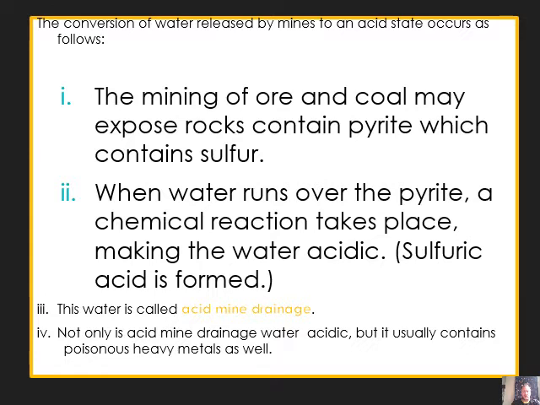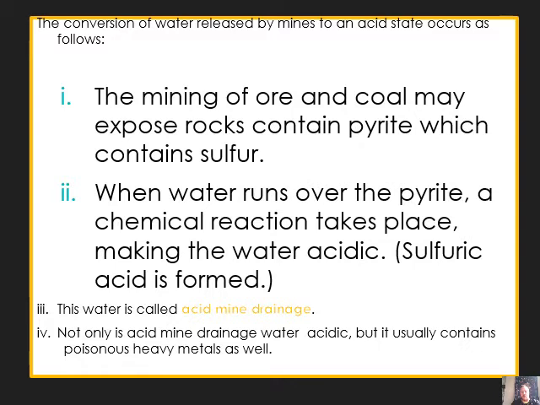So the conversion of water released by mines to an acidic state occurs as follows. The mining of ores and coal may expose rocks which contain pyrite, which contains sulfur. When water runs over the pyrite, a chemical reaction takes place, making the water acidic, okay? So sulfuric acid forms.